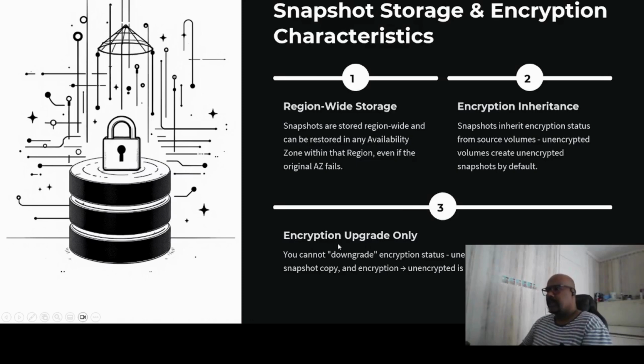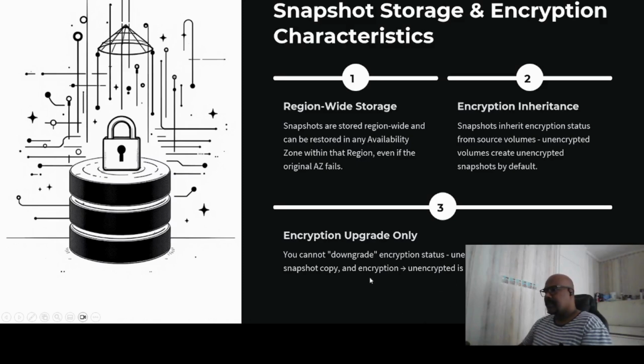Here, only an encryption upgrade is possible. You cannot do a downgrade. What does it mean? For example, if you have taken an encrypted volume as a snapshot, in the case of recovery, again it will be encrypted. The reverse is not possible.